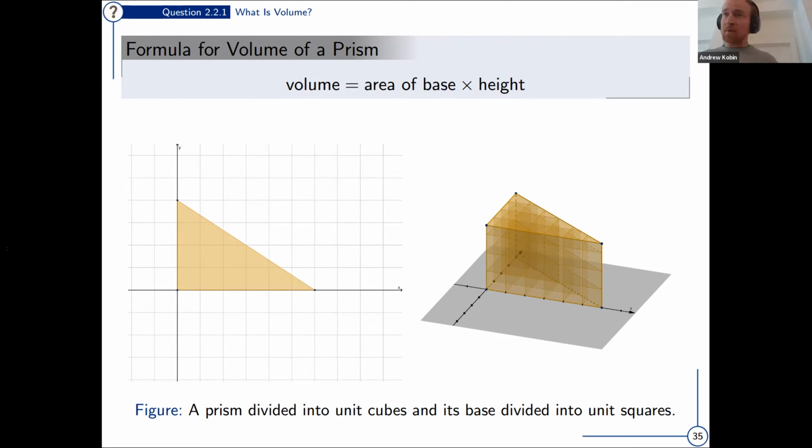So if you'll remember back to the earliest days of learning about areas and volumes, you probably learned area is base times height. We've used that so far in writing down the area between two curves. For volume, you can think of it also as base times height, but the key feature here is that with a three-dimensional measurement, we need 3 dimensions of measurement.